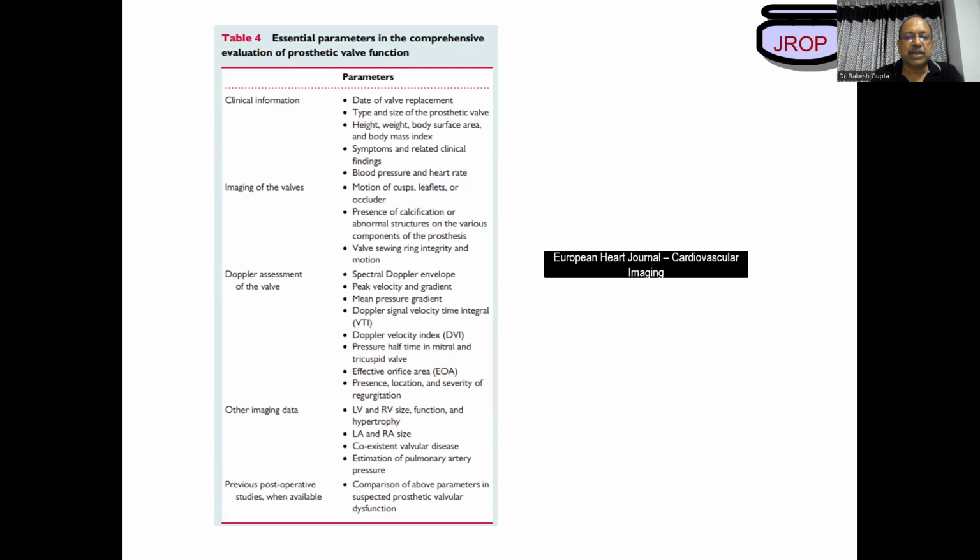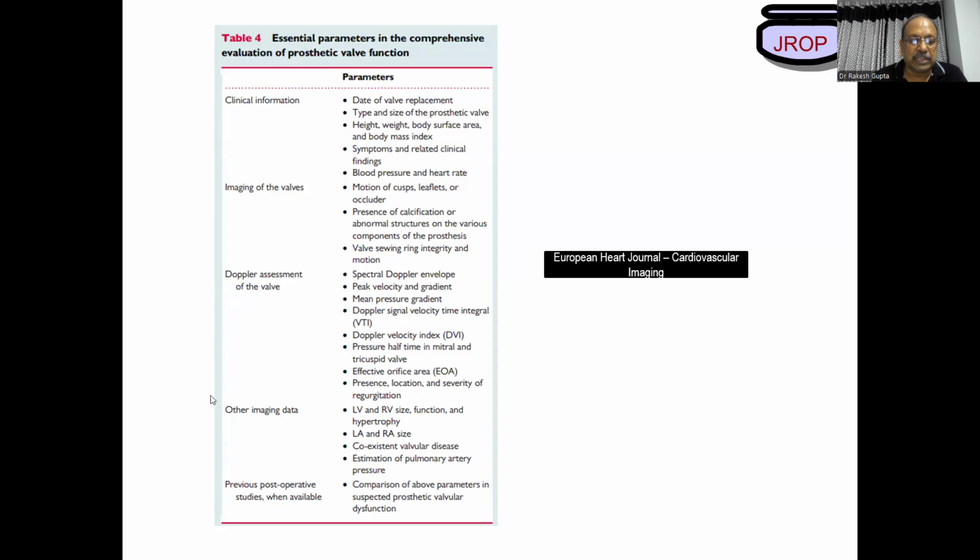So these are essential parameters in the comprehensive evaluation of prosthetic valves. Imaging of the valves, Doppler assessment, other imaging data like sizes of the LV-RV chambers, LA-RA size, any coexistent valvular diseases, estimation of PA pressures.